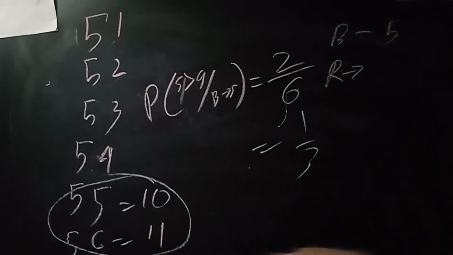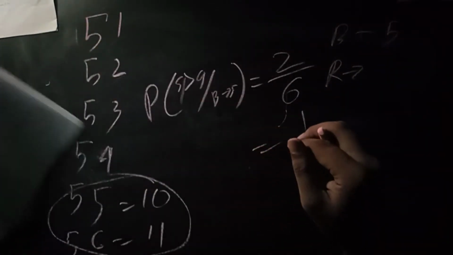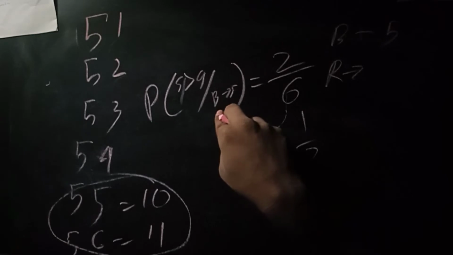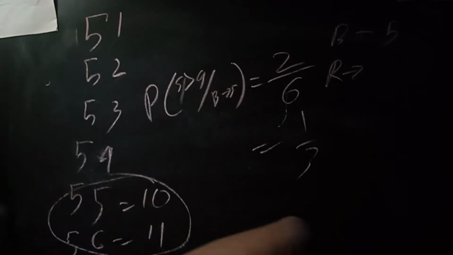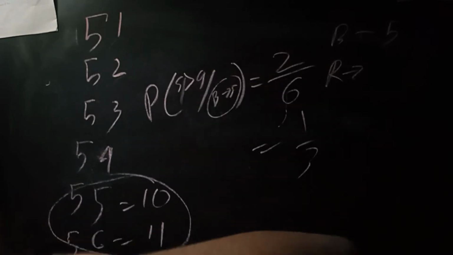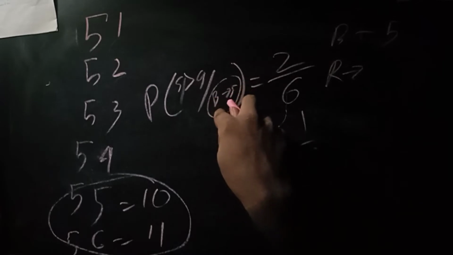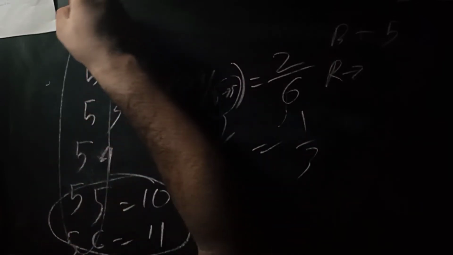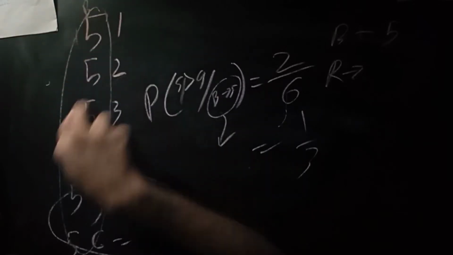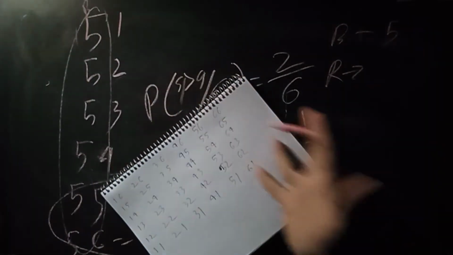Everything goes around the same thing. Just think of the sample space when the given condition is applied. Do not take the whole sample space, that will be problematic. Take the sample space in which the given condition has been satisfied. So this is the black column and this is 5 always. If I take all 36, it's going to be a huge mess.